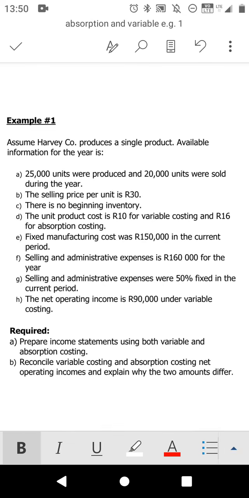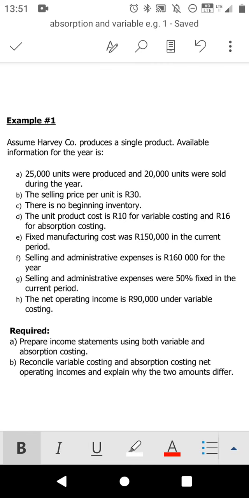On number G, remember F and G, they said the selling and administrative expense is 160 for the year. Then number G, the selling and administrative expense were 50% fixed in the current period.